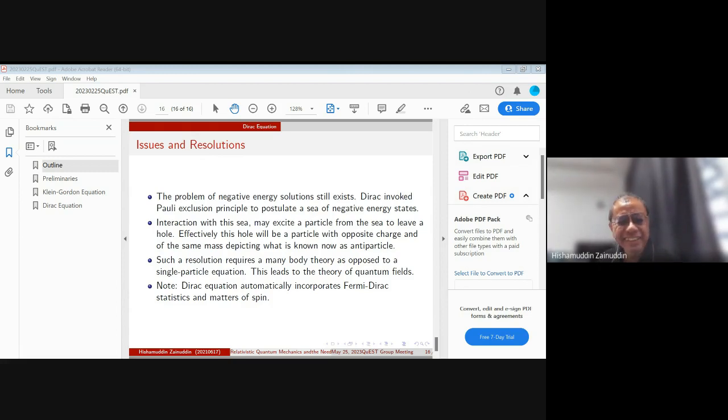There are cases where you don't need to consider all the complicated things about the Dirac equation. By the way, the Dirac equations are meant for particles which are fermions. The Fermi-Dirac statistics, the inclusion of the Pauli exclusion principle, is there.